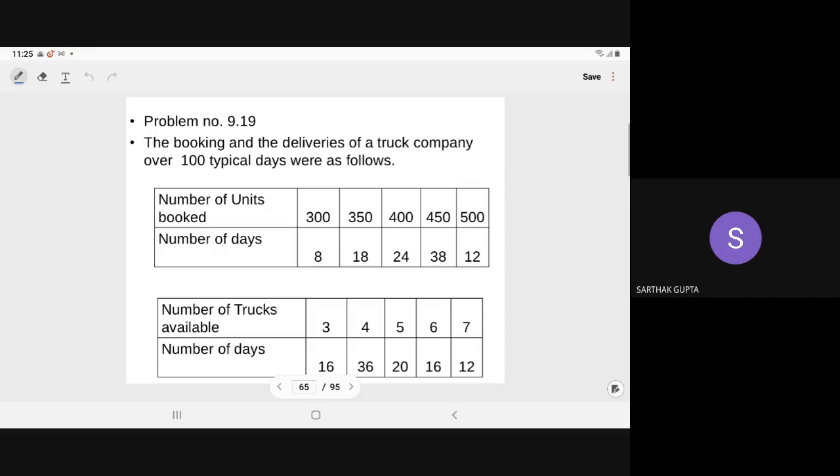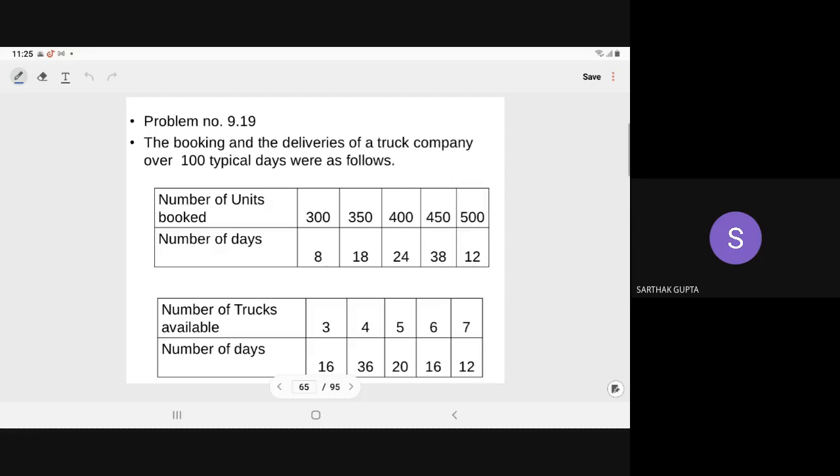The number of units booked: 300 on 8 days, 350 over 18 days, 400 units over 24 days, and similar data for 450 and 500 are 38 and 12 days.